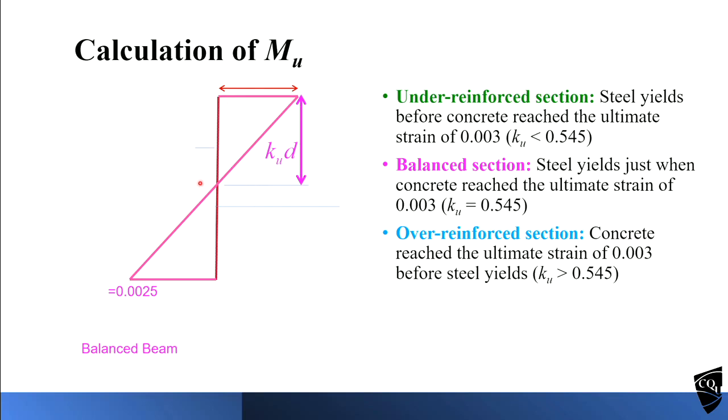This is the neutral axis where the strain is 0. This is the strain distribution, and when it reaches 0.0025, the steel will reach the yielding point. 0.0025 is the yielding strain for the N-type bars. Someone already calculated it, isn't it? So 0.0025 is the yielding strain for the steel. 0.003 is the maximum compression for concrete, at the top.